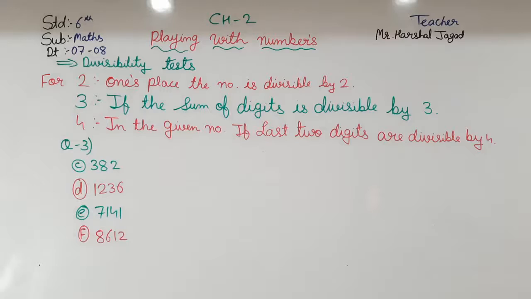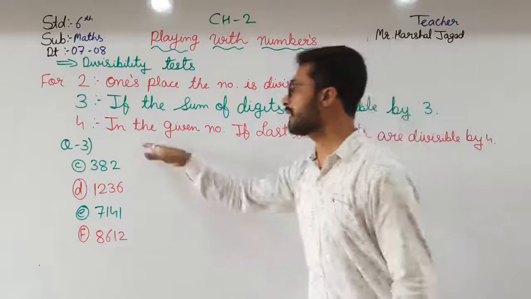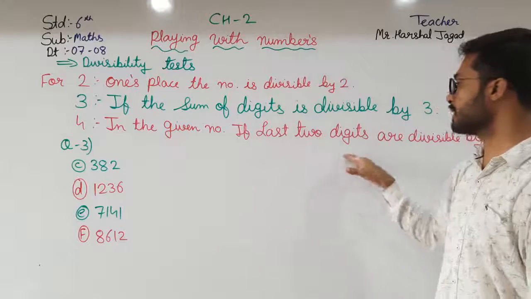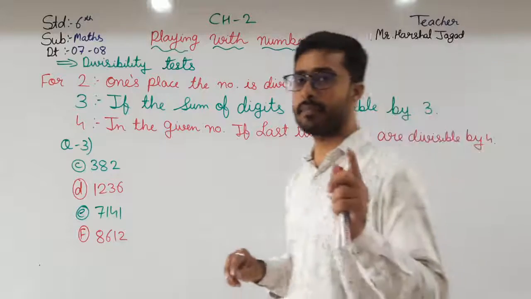So let us check whether these numbers are divisible by 4 or not. They have said that in the given number, if the last two digits are divisible by 4, then that number is divisible by 4.